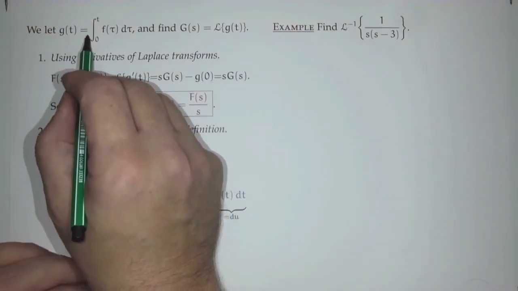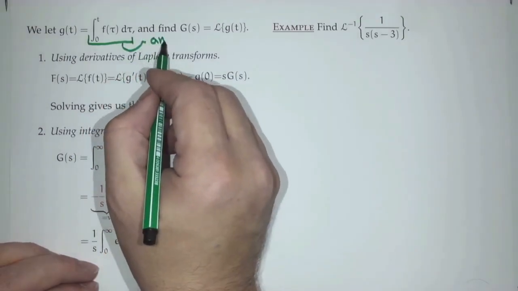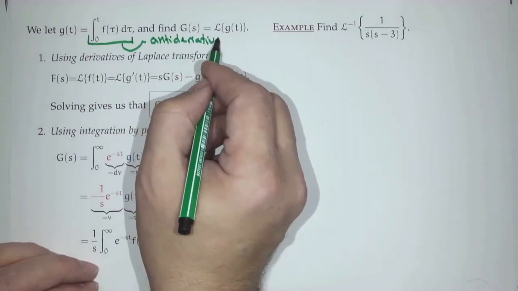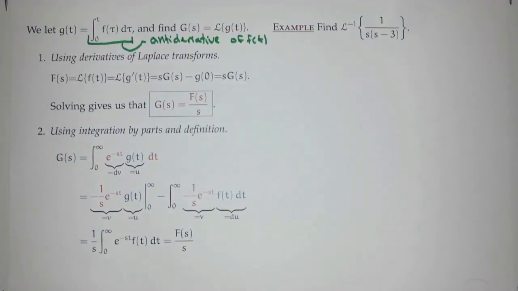We've already said this, and we're going to say it again just so we understand. This is the antiderivative of f of t. That's what we're really talking about. Now, it's not just any antiderivative of f of t. It's a very specific antiderivative.